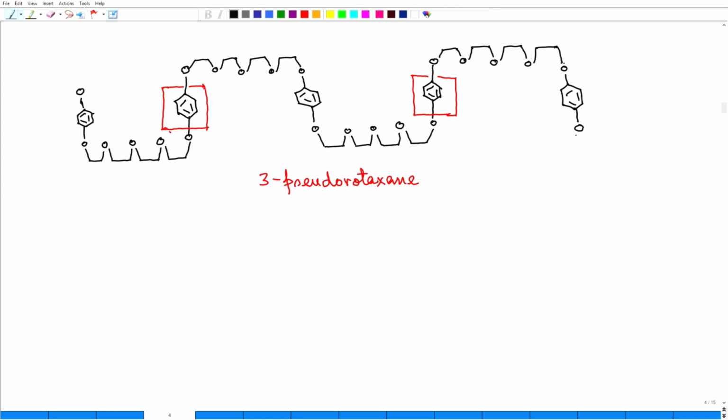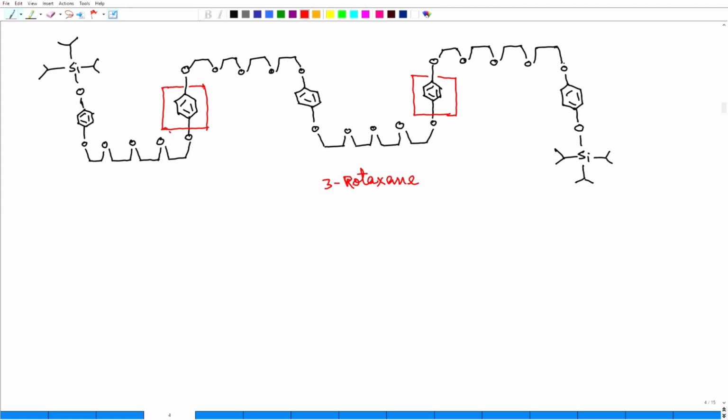Maybe I will write with this black. So, from the 3 pseudo-rotaxane, I made a 3 rotaxane like this.